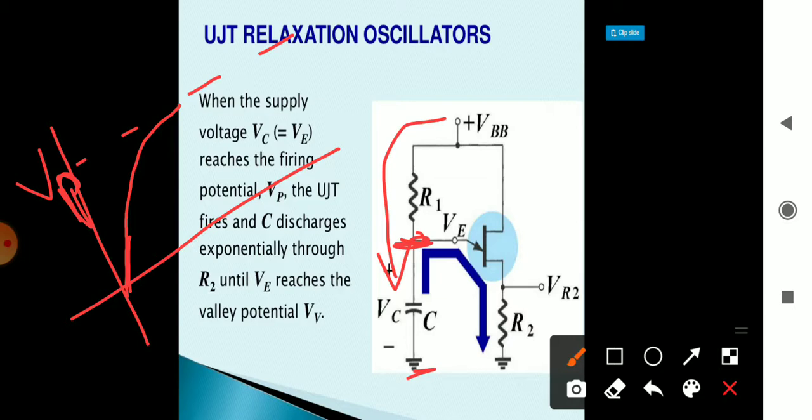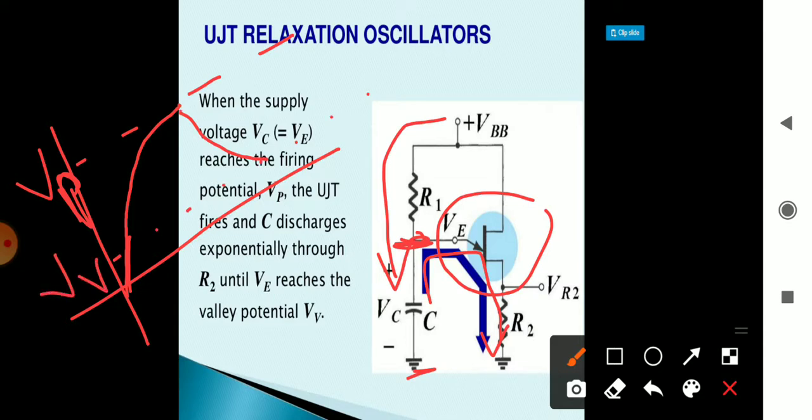So at this point, the UJT is fired on, in the sense that it gets triggered. When the capacitor voltage reaches the value of VP, the UJT will turn on. When the UJT turns on, the capacitor will discharge through resistor R2. There is one more voltage, VV, the valley voltage.